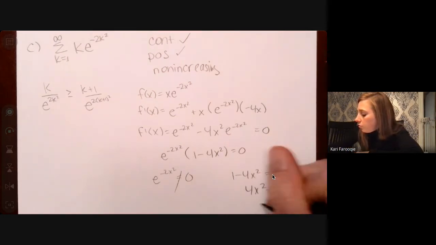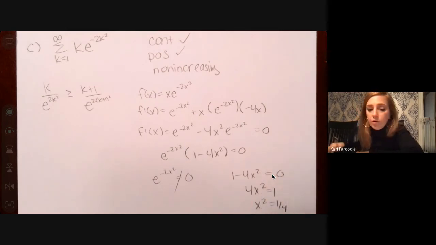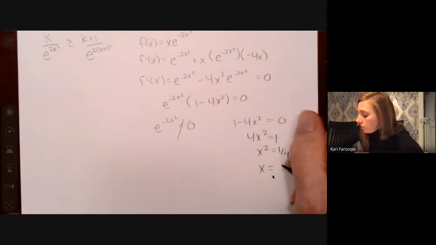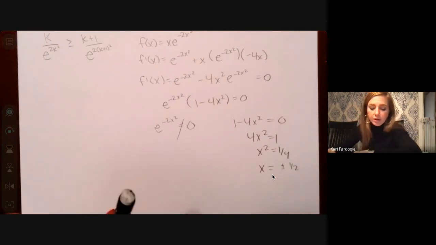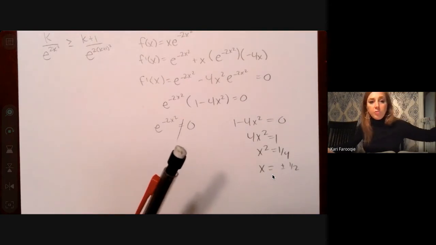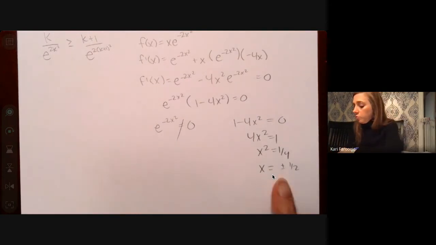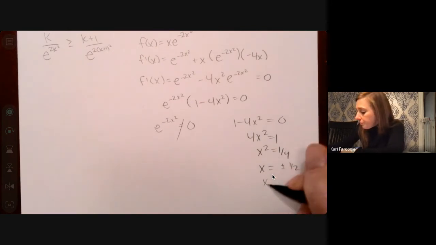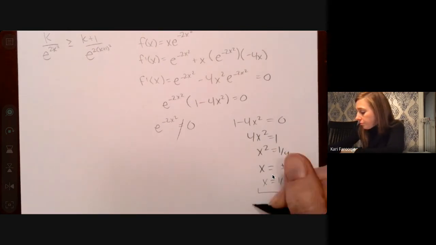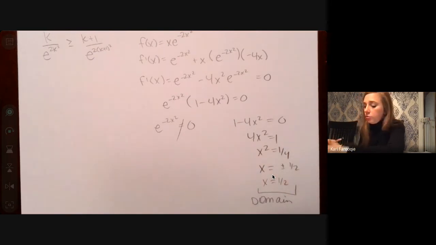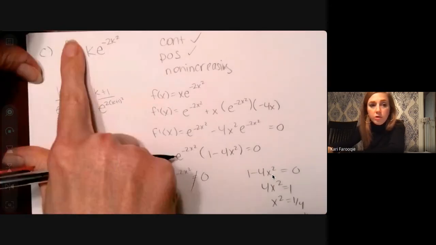4x squared equals 1. X squared equals 1/4. Take the square root and you get x equals plus or minus a half. Now, you don't need to worry about the plus or minus part because all we care about is what's happening to the right of 1/2. Because we're focusing on the domain of our function, which in our case is from 1 to infinity.